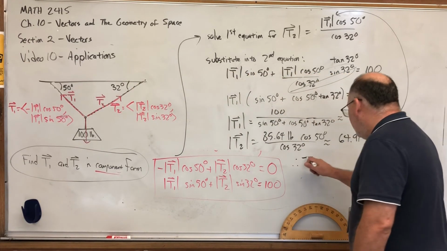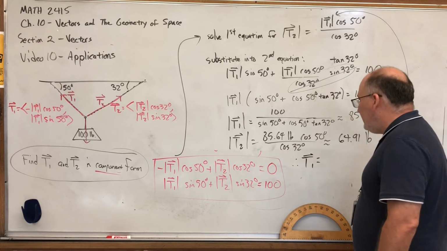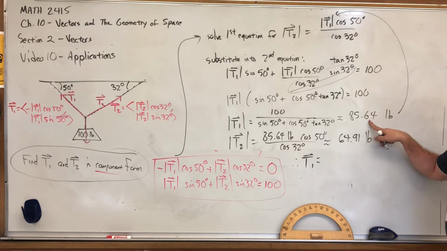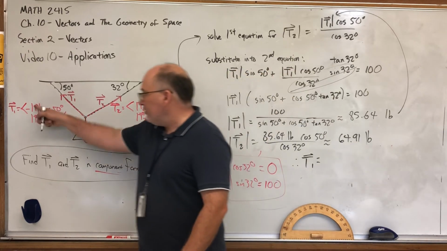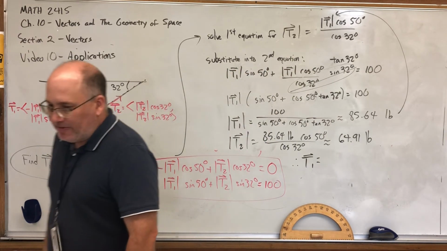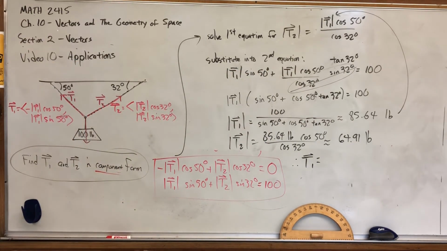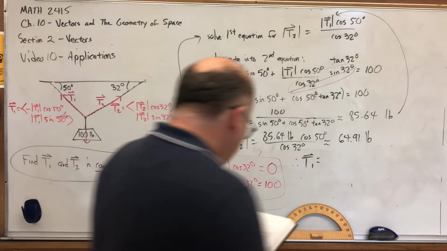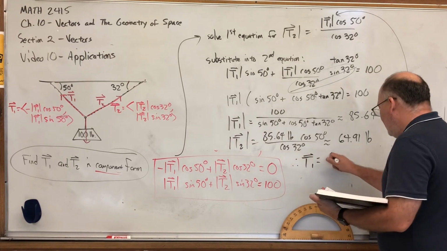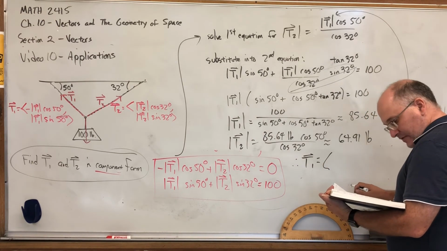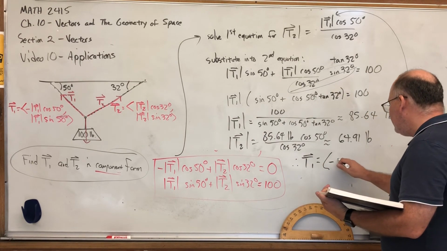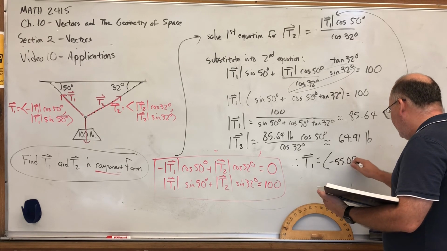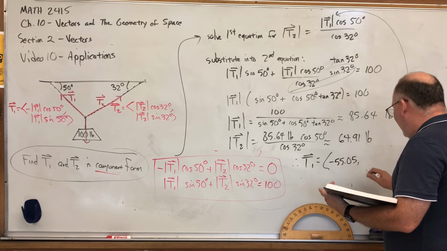Therefore, T1, if you were to take this magnitude, substitute it here and here, and then multiply by the cosine of 50 and the sine of 50 respectively, don't forget your negative, your T1 ends up being approximately the vector negative 55.05, comma 65.60.